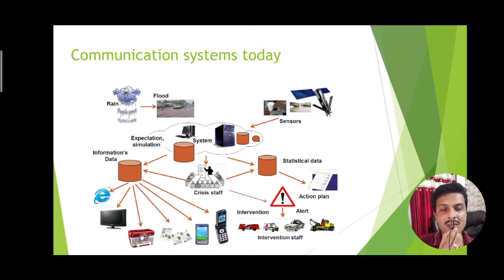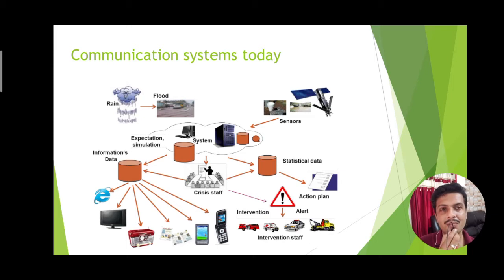Whenever this incident occurs, on the right hand side, we are seeing there are some sensors and satellites. These are useful to collect the data where the situation has occurred, that is, where the flood has occurred, and through the sensors these are collected and communicated to the satellite so that it can be spread to any part of the world.